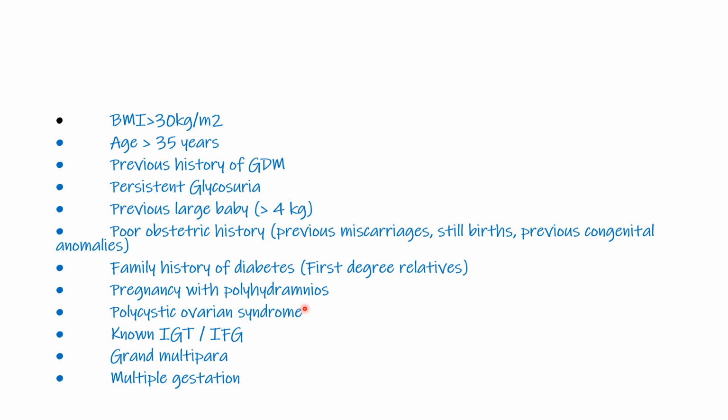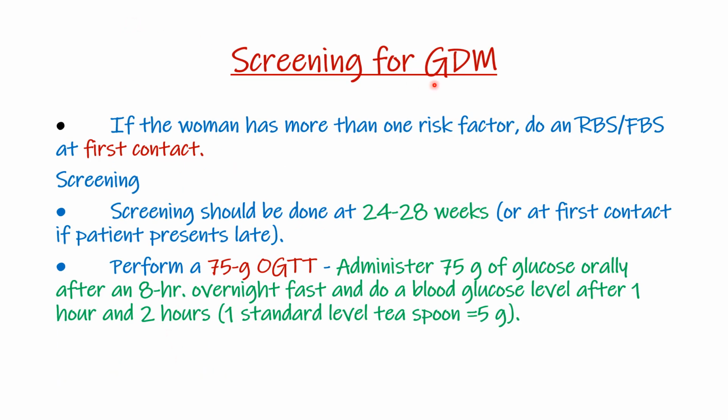Diabetes is a risk factor for polyhydramnios. Also polycystic ovarian syndrome, impaired glucose tolerance or impaired fasting glucose, grand multipara, so a woman who has had several babies, and multiple gestation: twin pregnancy, triplets, quadruplets, sextuplets.